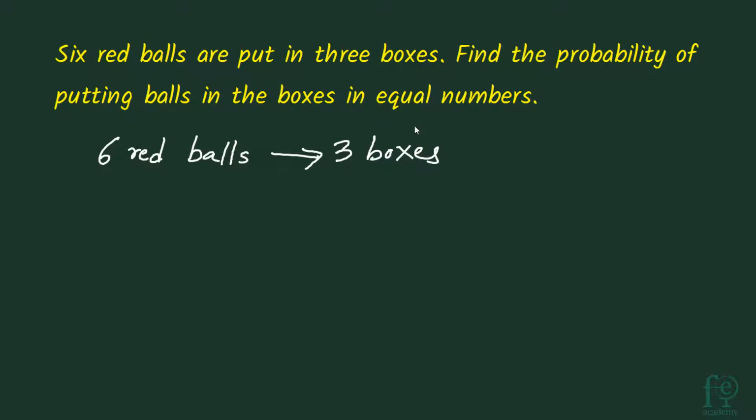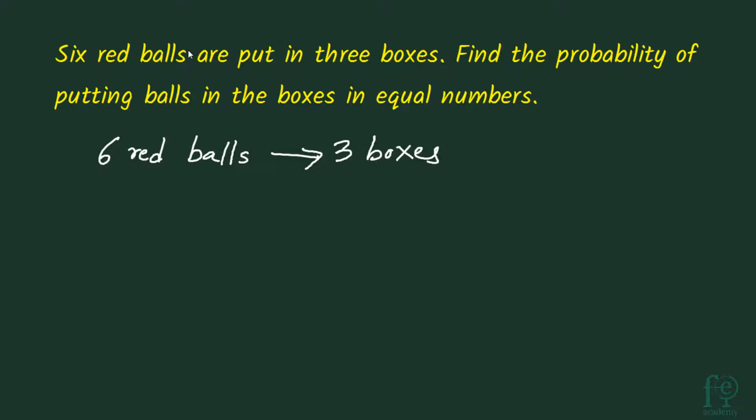What is the total number of ways? You have to go back to your concept of permutations and combinations. In that we have done a video on how to distribute n identical objects into R groups. If we want to group n identical objects into R groups, how many ways of arrangement are there? You can watch that video after this video.